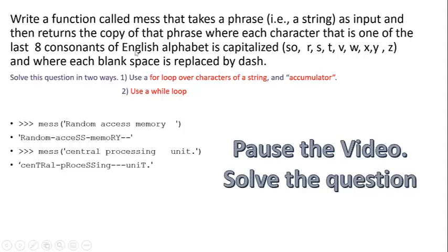We don't print at the end of the program, we return a copy of the phrase where each character that is one of the last 8 consonants of the English alphabet is capitalized. So if in the string that I'm passing I have one of these letters, it is going to be capitalized. And if I have a blank space, it's going to be replaced by a dash.